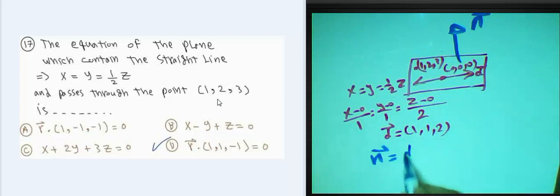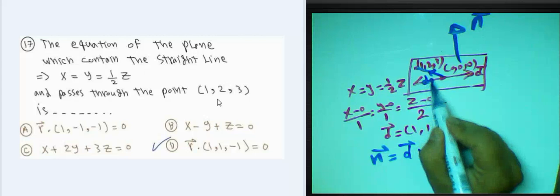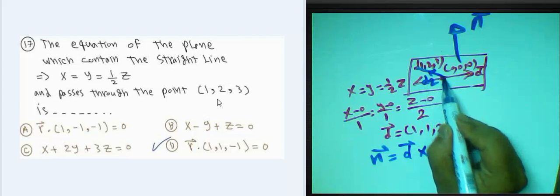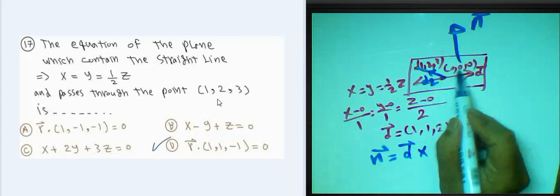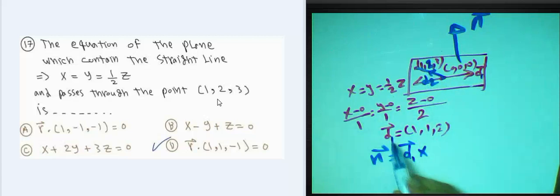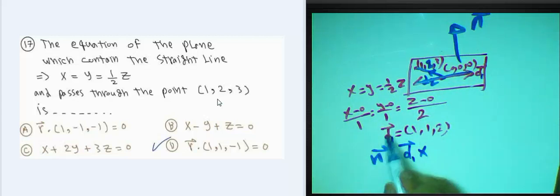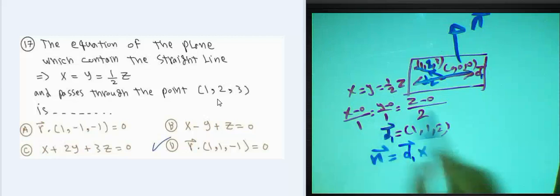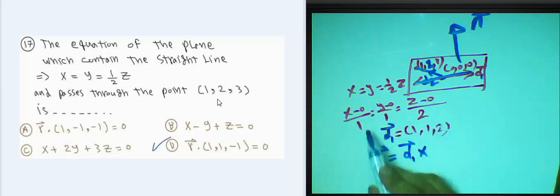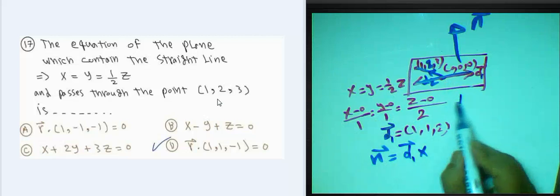We have vector 1, we call it d1, cross vector 2, I will call it d2. d2 lies between the origin point (0, 0, 0) and (1, 2, 3), and we have d1 here, (1, 1, 2), the vector of the straight line, and we can find d2 here.